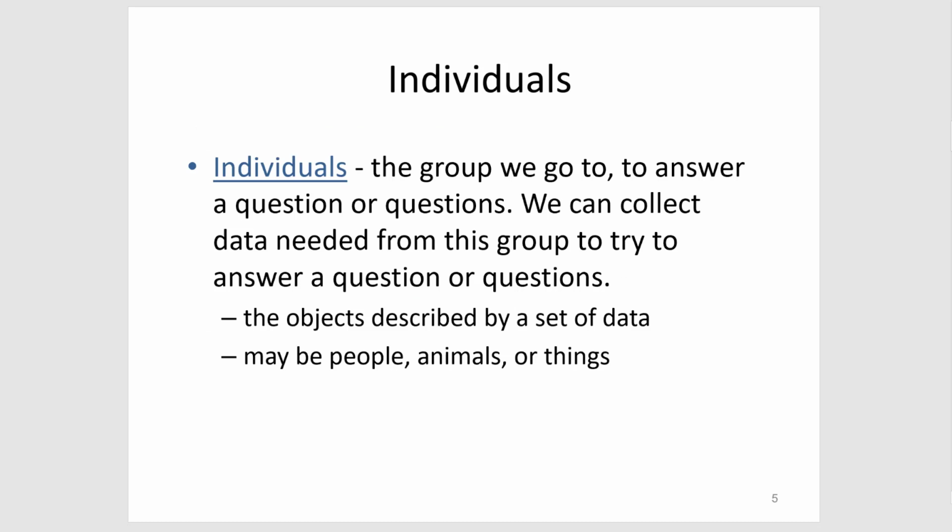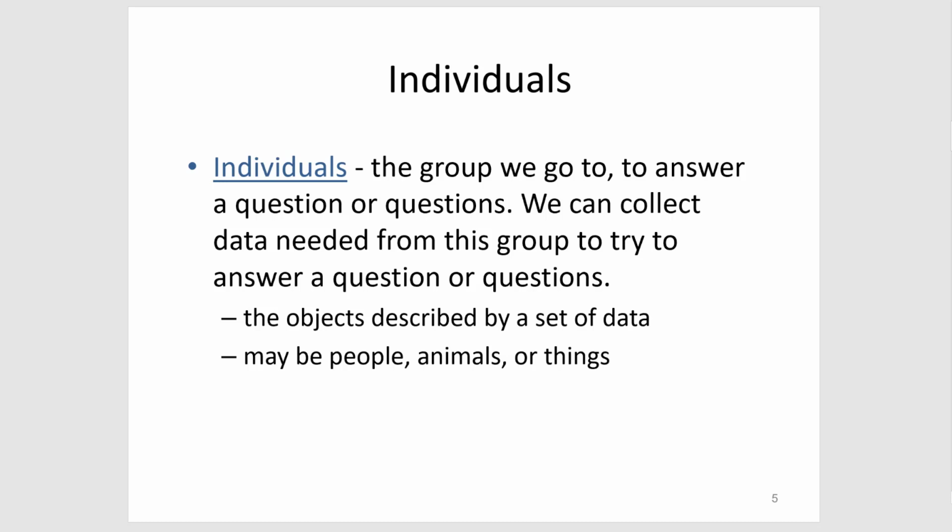As we said, we'll have a group of people that we go to called the population. The population will consist of what we call individuals, the group we go to answer the question that we have or questions. And of course, it's from those individuals we'll collect data needed from our group.